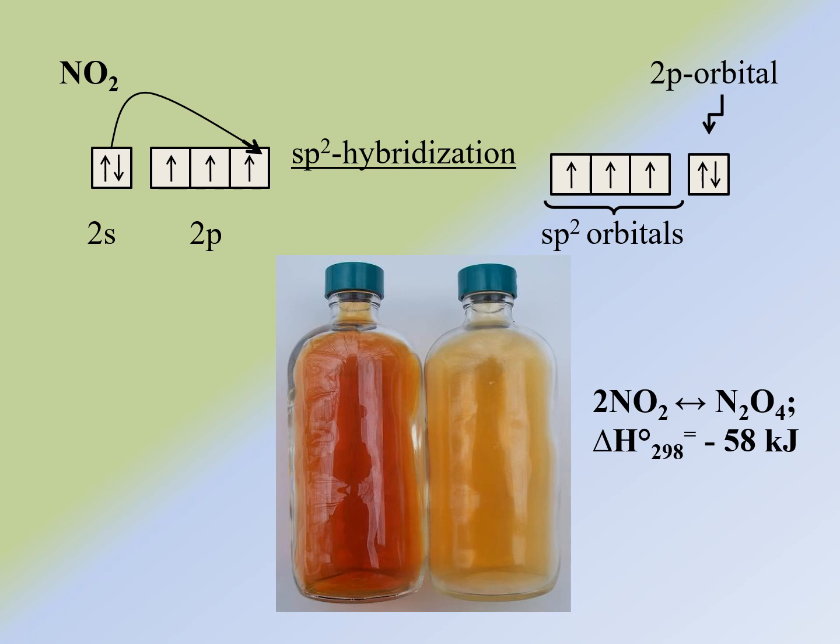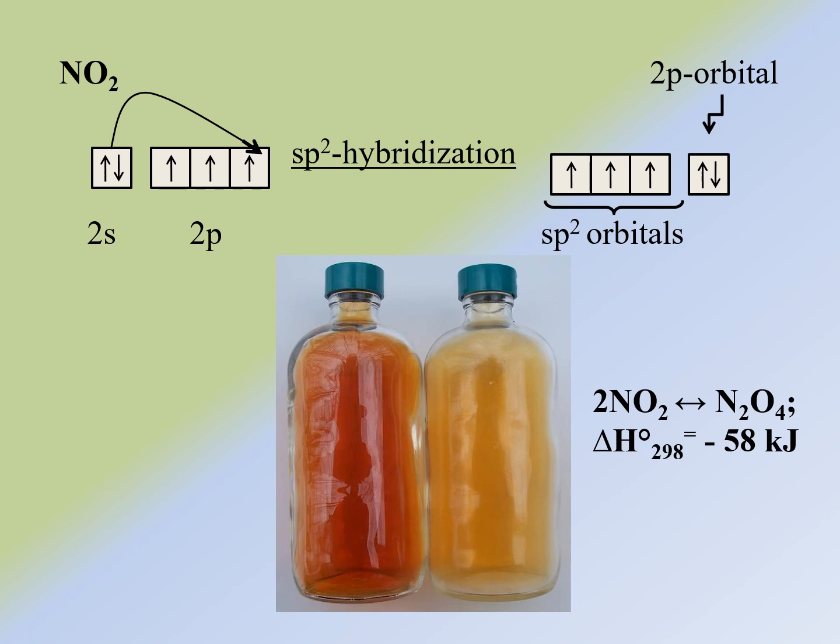And this is one of the very few one-step chemical reactions. The color of NO2 is orange. The color of N2O4 is rather yellow. And that's how we can even try to measure the temperature.